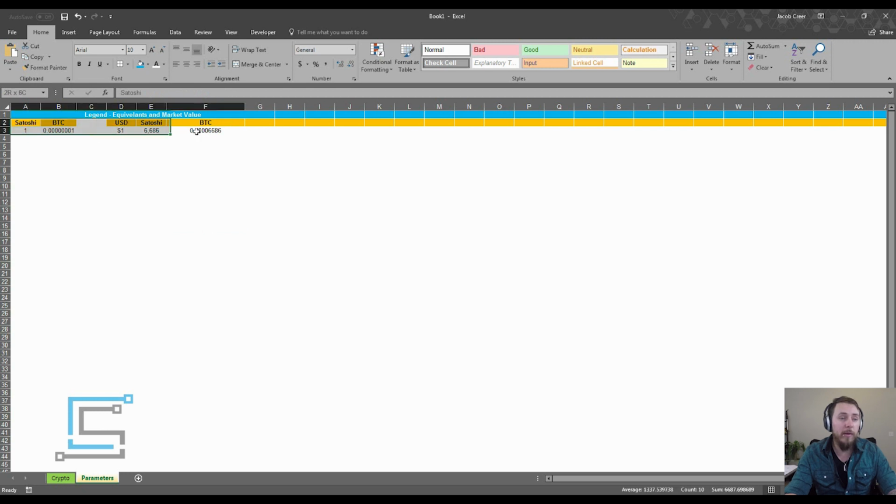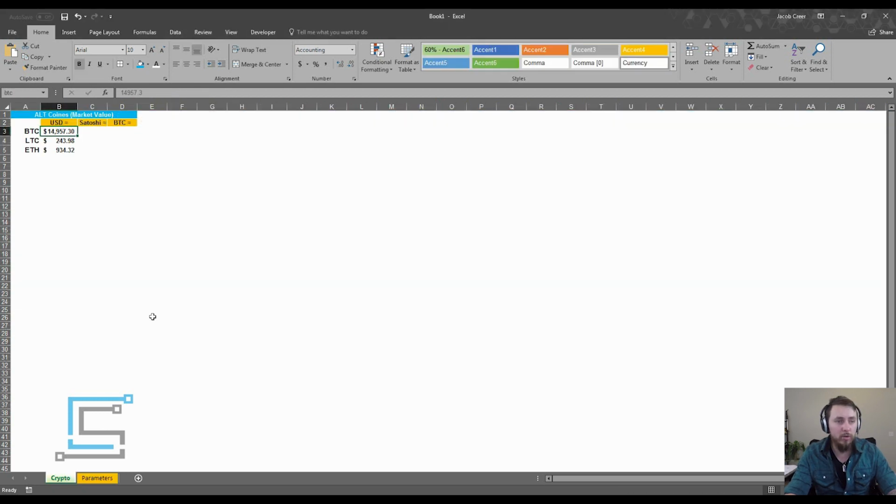Now that we have these parameters set up, we can go back to our crypto sheet and figure out the Satoshi for our coins at their market value, so what they would currently be trading for in Bitcoin or Satoshi.